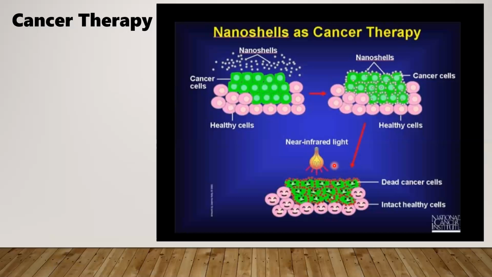Targeted drug delivery is quite important as it would avoid killing of healthy cells. You can see over here, it is not killing the healthy cells, it is killing only the cancer cells, unlike in chemotherapy.